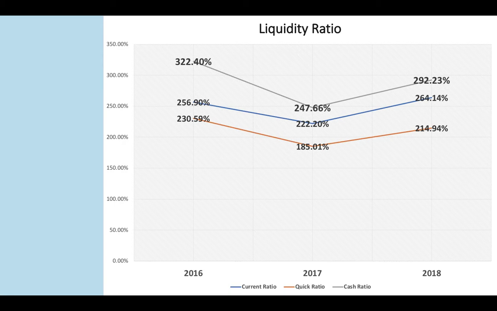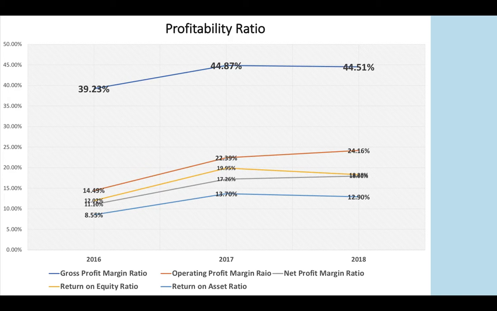The second one is profitability ratio. There are 5 ratios that we use. The first one is gross profit margin ratio, return on equity ratio, operating profit margin ratio, return on asset ratio, and the last one is net profit margin ratio. We are going to focus on gross profit margin ratio, and then operating profit margin ratio and net profit margin ratio. Why?